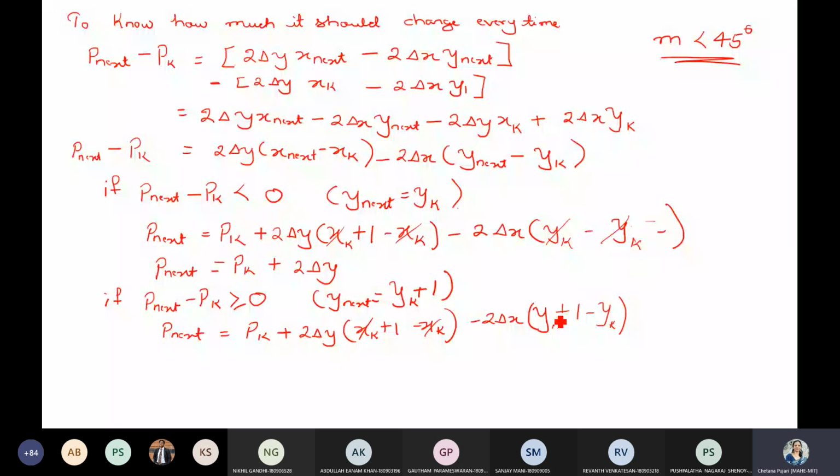Your equation will be pk plus 2 into delta y minus 2 into delta x. You see, pk plus 2 into delta y minus delta x.